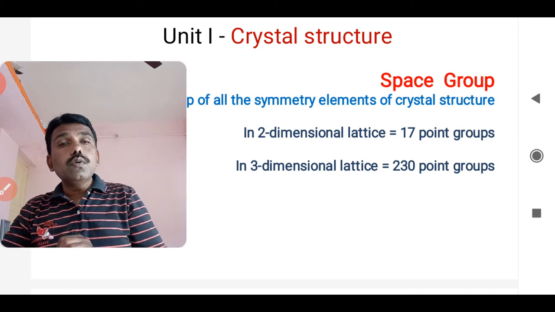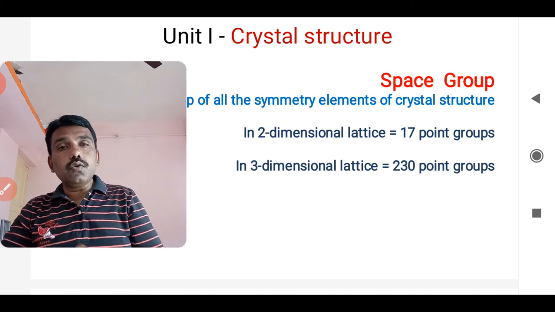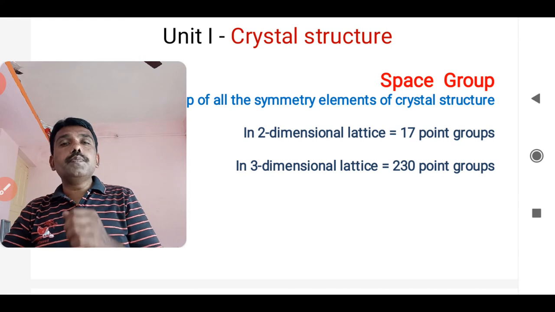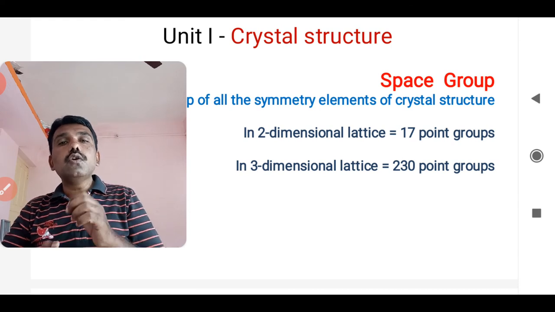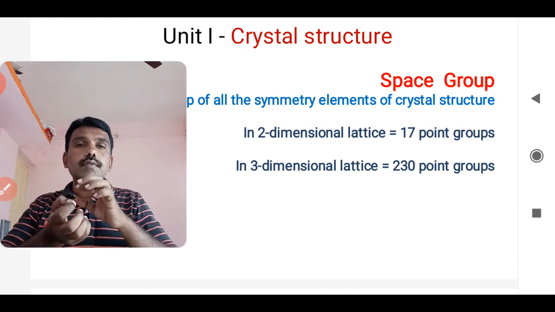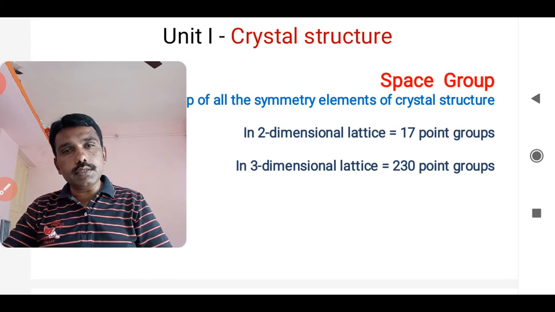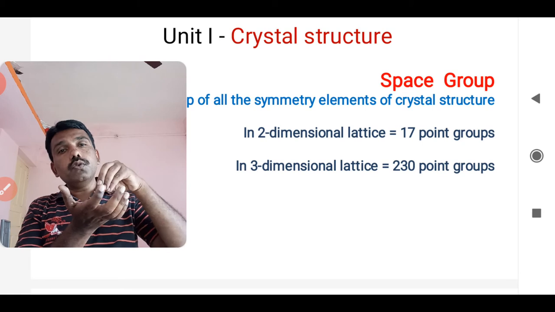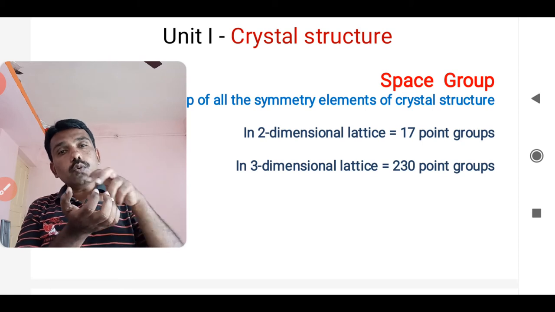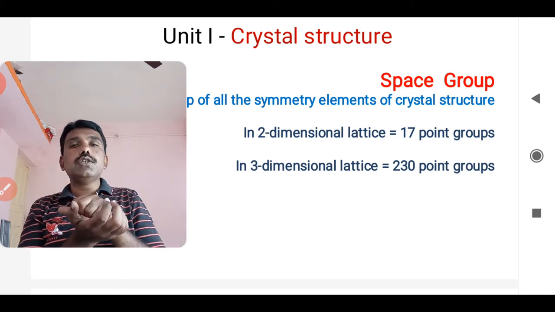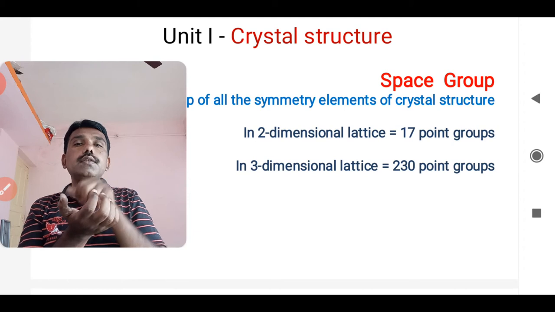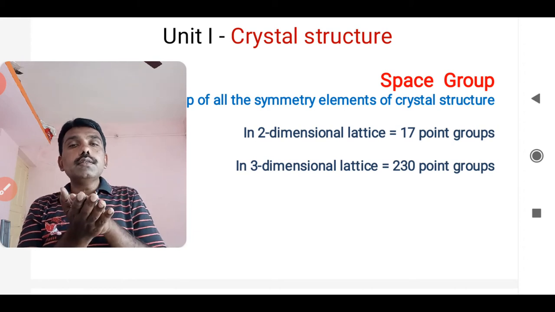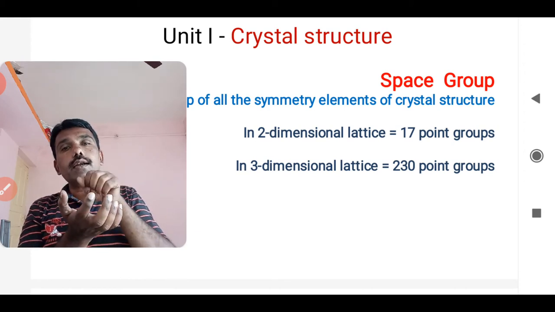But now there is another part called a space group. The space group is the group of all the elements of whatever symmetry is in that crystal structure. Not only the symmetry points, but the total points in that crystal structure followed with that particular symmetry are all elements of that group.